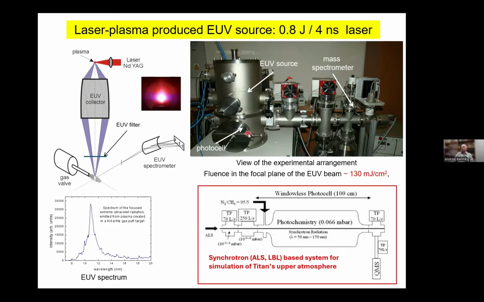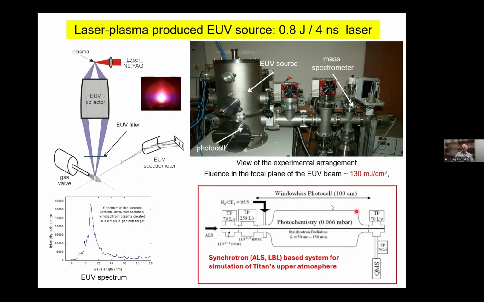It is the irradiation chamber, and there can be a variety of experiments possible to be performed. For example, irradiation of materials, irradiation of gases, etc. But it is in some sense similar to this system, which was used for laboratory astrochemistry experiments using synchrotron.